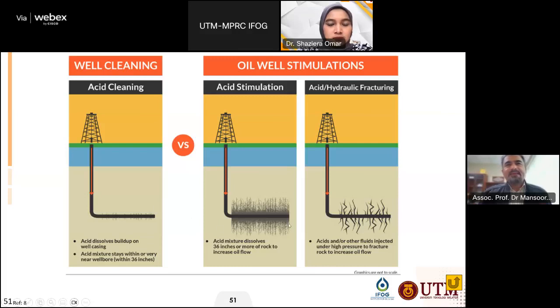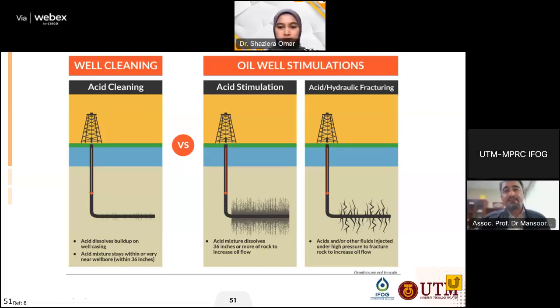The main difference between well cleaning and well stimulation is that for cleaning, the acid remains near the wellbore, but for well stimulation techniques, the acid will penetrate deeper into the reservoir, depending on the pressure applied.